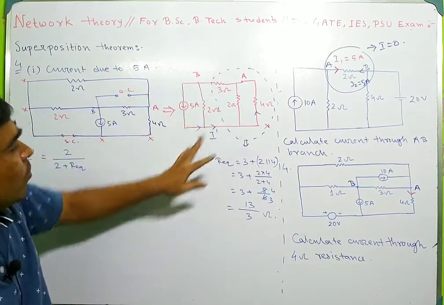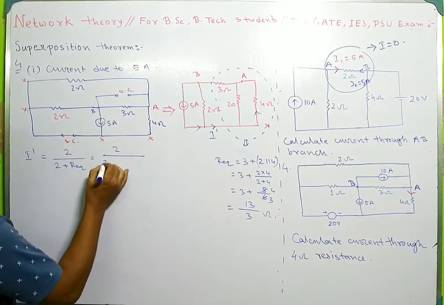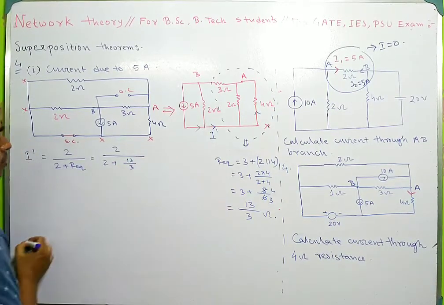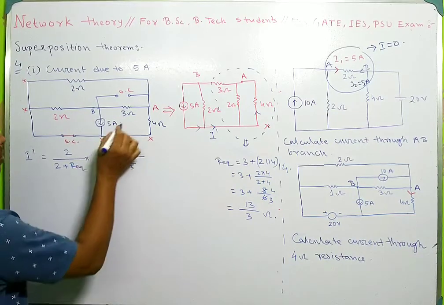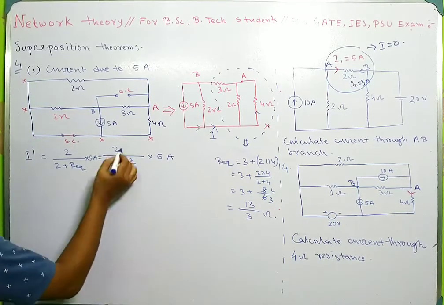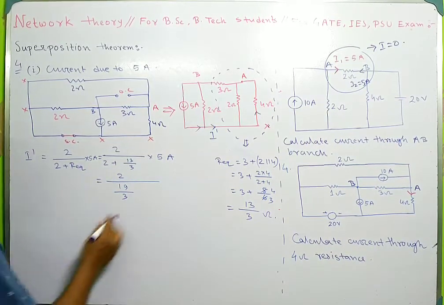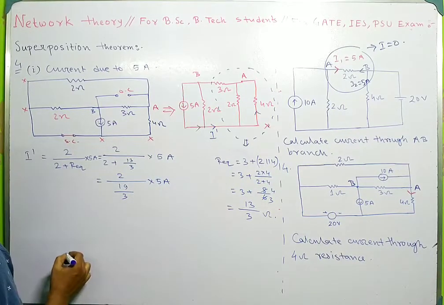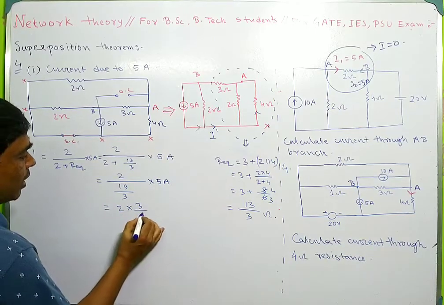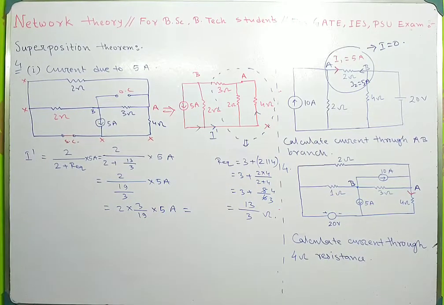I dash is 2 divided by 2 plus R equivalent, that is 2 plus 13 by 3, multiplied by 5 ampere. 2 plus 13 by 3 is 19 by 3, so it will be 2 into 3 by 19 into 5 ampere, which is 30 by 19.